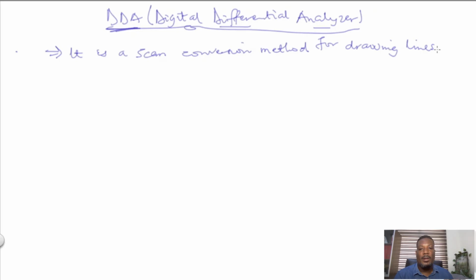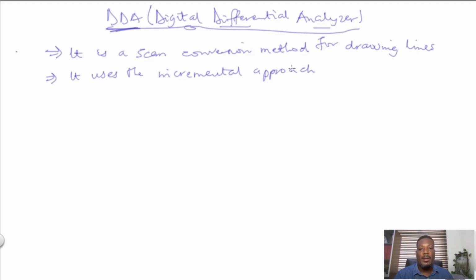It's a line drawing algorithm, and we call it the scan conversion method. So the digital differential analyzer is a scan conversion method for drawing lines. And this algorithm or this method also uses the incremental approach.